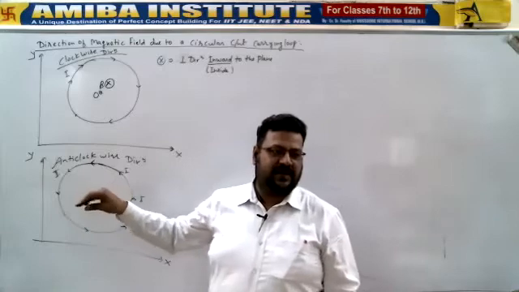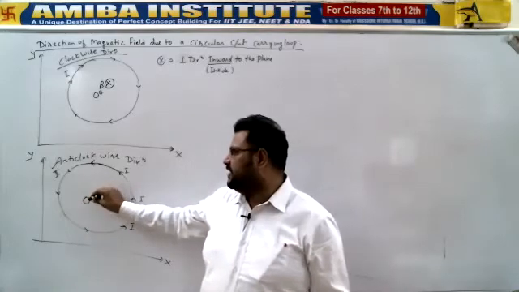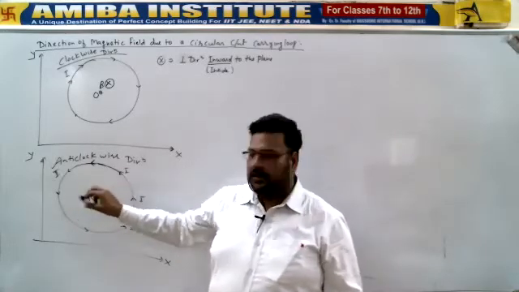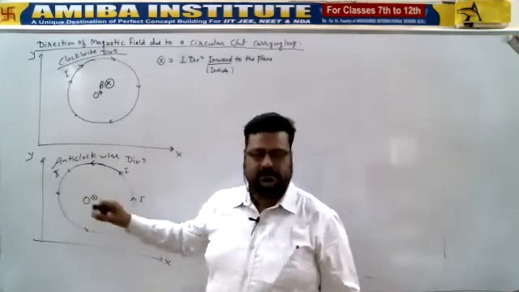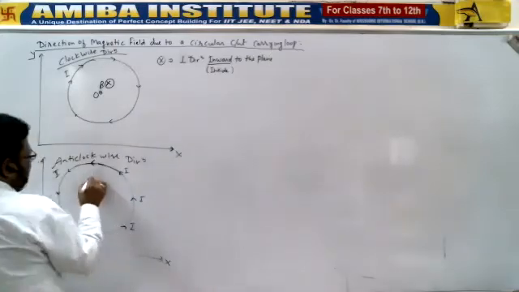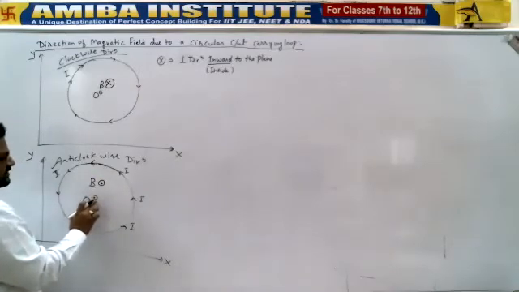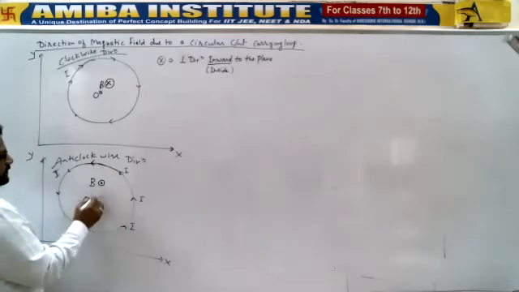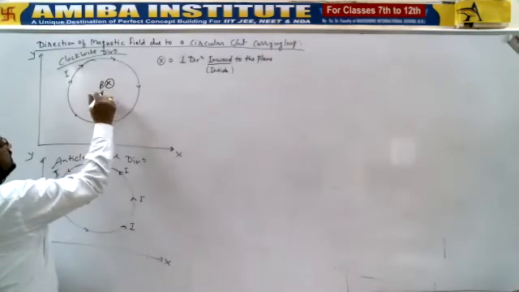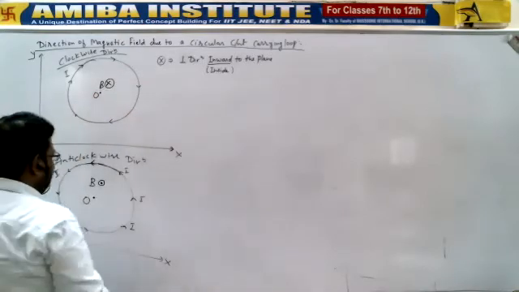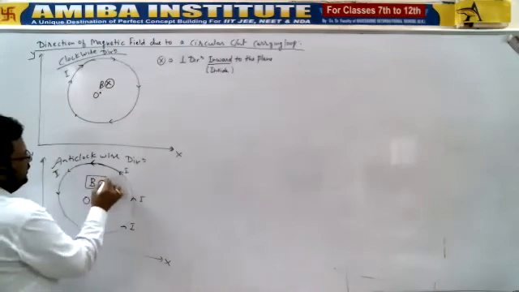All the magnetic field lines near the center O, the net magnetic field, was coming out perpendicular to this plane. For this, we say the direction is dot. Please don't get confused. This is the point O, this is the center O, and the direction of magnetic field is dot.